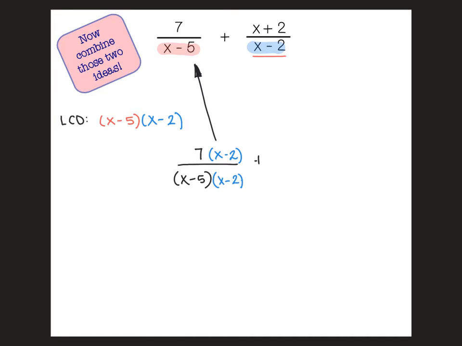I'm just going to carry down my addition sign, and then I can focus on my second rational expression. This time in the denominator, I already have included the x minus 2. However, I need to add in the x plus 5 to make this my least common denominator. Remember, anything you add to the denominator, you also have to include in the numerator.